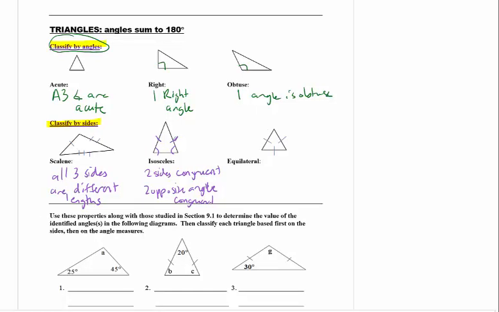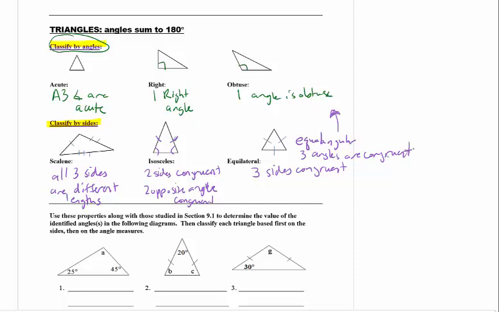Equilateral means all three sides are congruent, and equiangular, because of that relationship, means that all three angles are congruent. Remember, don't say equal. You can say equal measure, but you can't say equal because that would mean the same location.